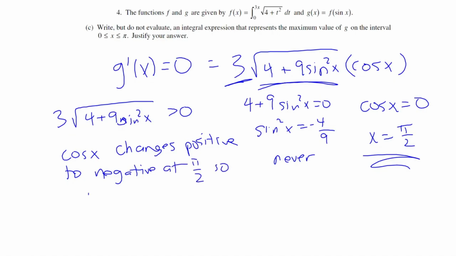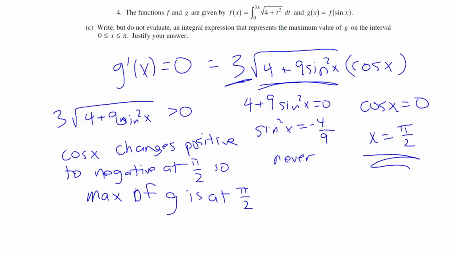So the max of g is at pi over 2. So now we know that the max occurs at pi over 2, right? Because our derivative is going from positive to negative there. So now we just need an expression that finds what g of pi over 2 is.